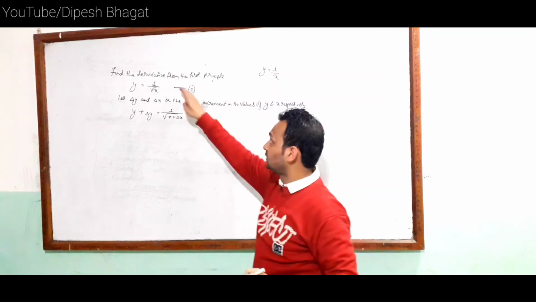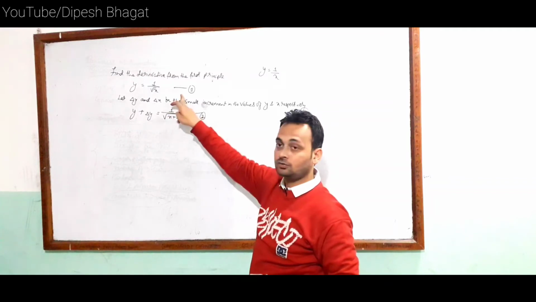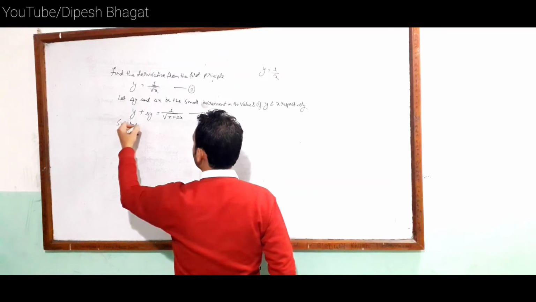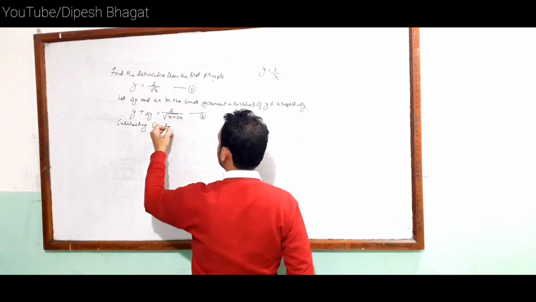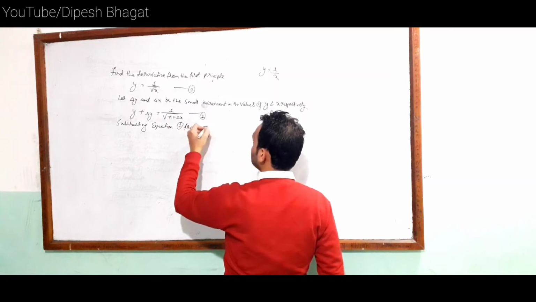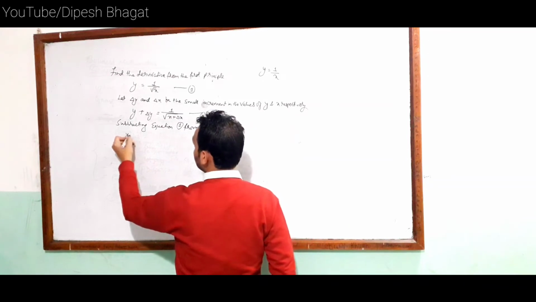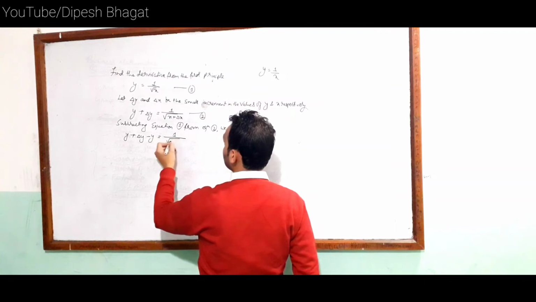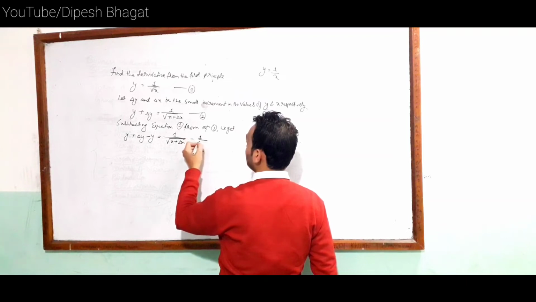Now let's subtract equation 1 from equation 2. So subtracting equation 1 from equation 2 we get, y plus delta y minus y equals 1 by root under x plus delta x minus 1 by root x.